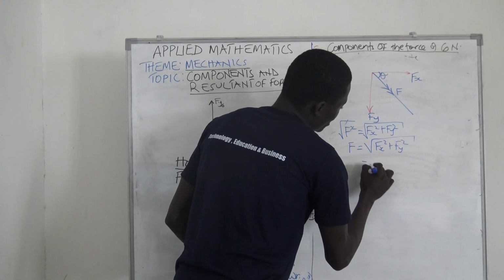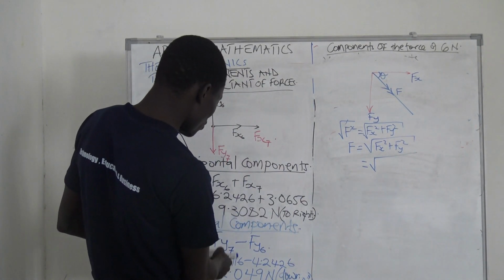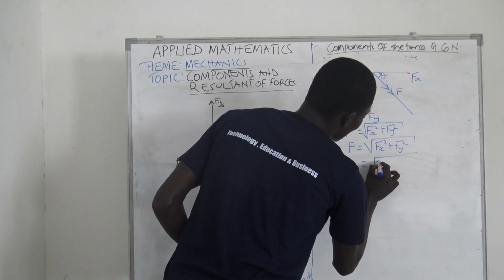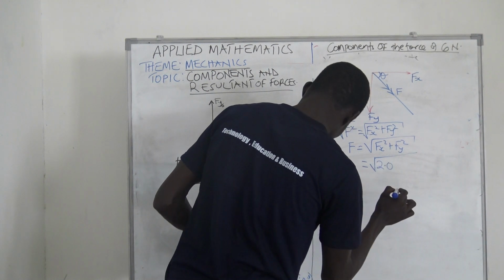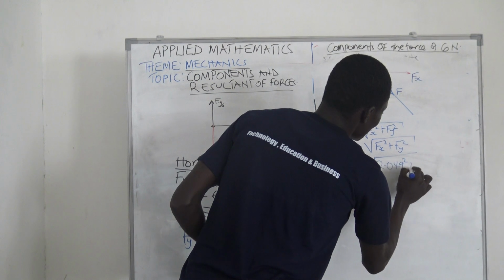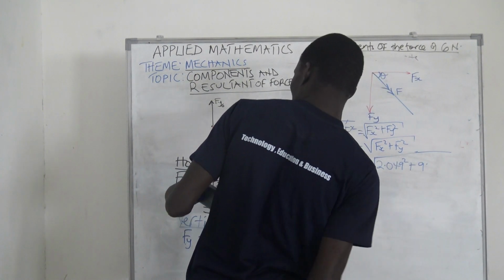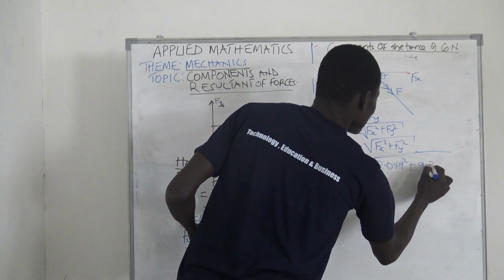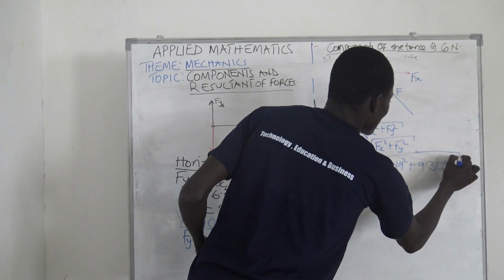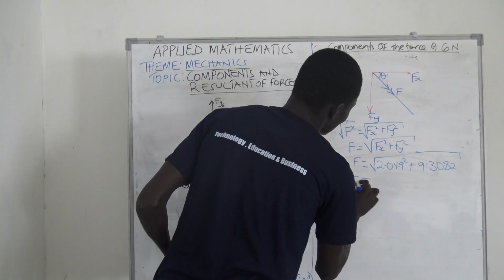If you use your calculator after substituting our Fx, which was 9.3082 squared plus 2.049 squared, the answer you get must be in Newton.